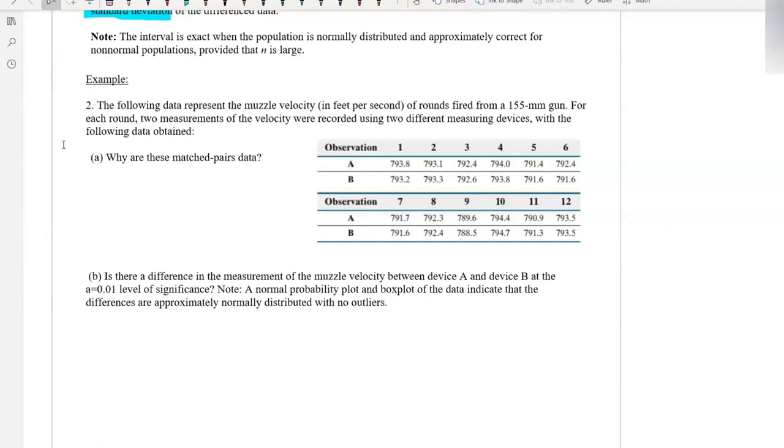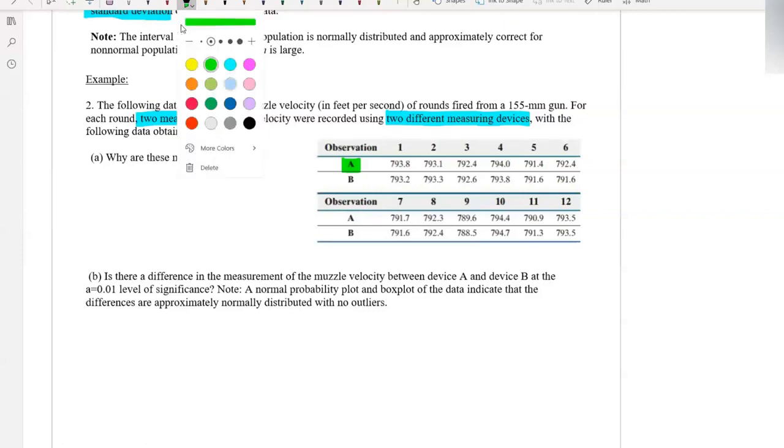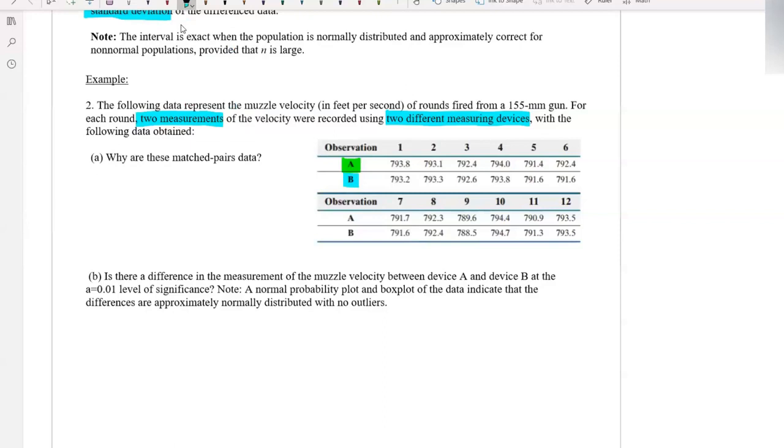So the following data represent the molecular velocity in feet per second. For each run, 2 measurements of the velocity were recorded using 2 different measuring devices. Those devices are here: we have A and B. So we have these 2.